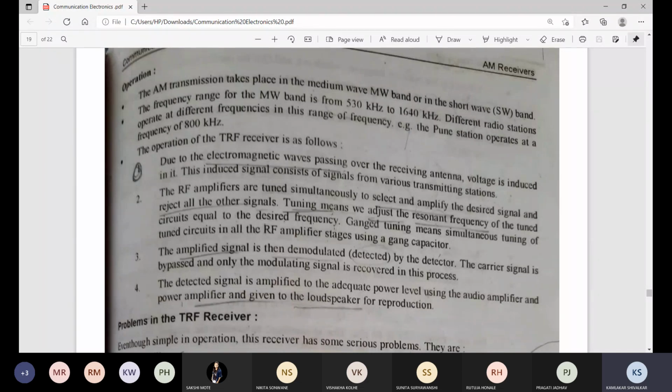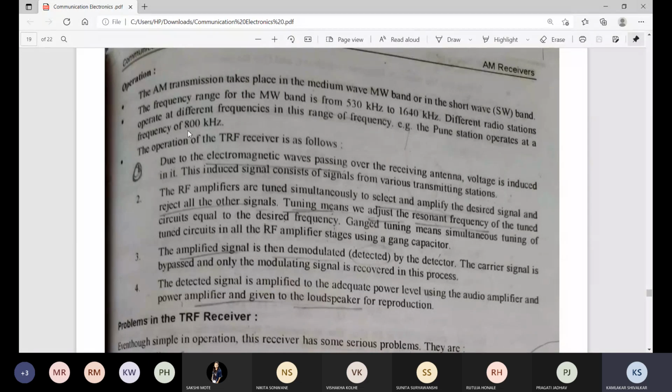And at the RF amplifier stage, the RF amplifiers are tuned simultaneously. बघा लगेच त्याच्या पुढचं केस स्टेज आहे. RF amplifiers are tuned simultaneously to select and amplify the desired signal and reject all other signals. एका पर्टिक्युलर फ्रिक्वेन्सीला समजा मी काय करतोय माझं याच्यावरनं मी पुणे स्टेशन ट्यून करतोय.